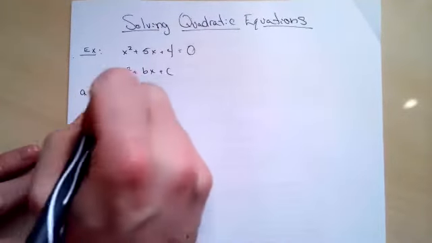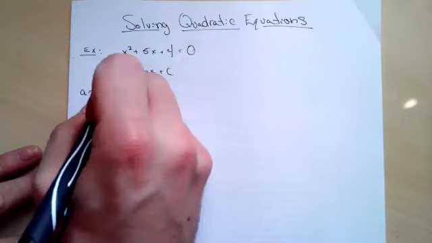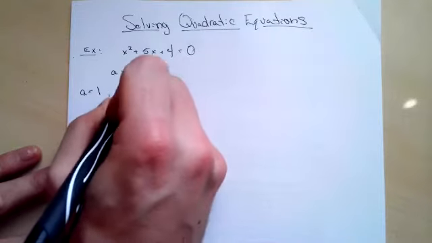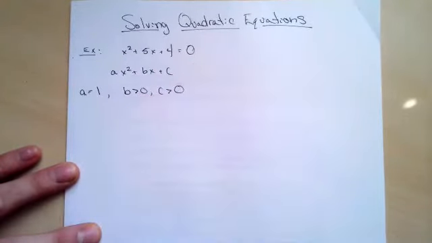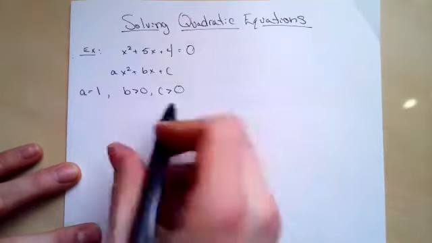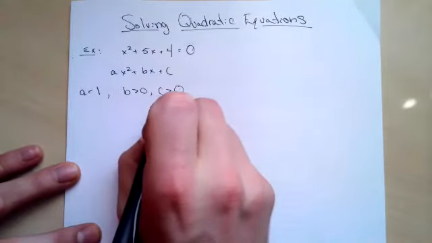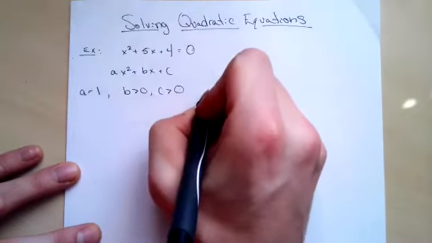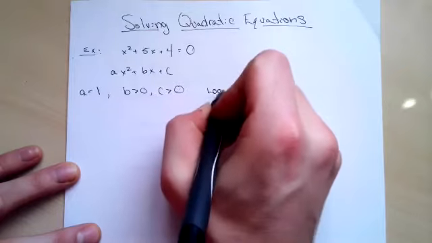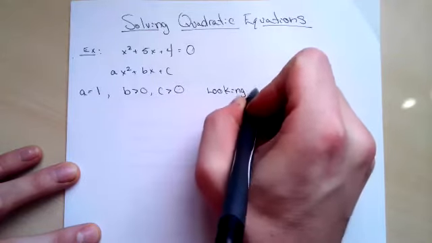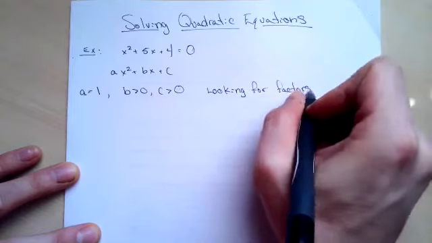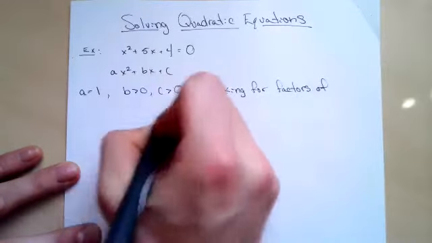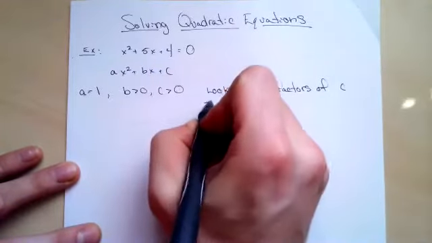So we're going to start with our easiest case, and then also notice that b is positive and c is also positive. So b is 5, c is positive 4. So when c is positive, we are looking for factors of c that add to b.